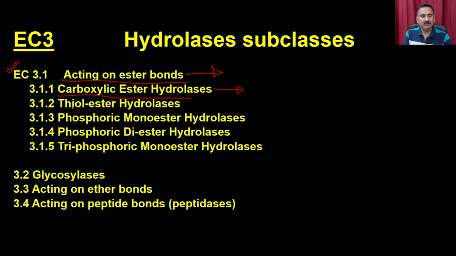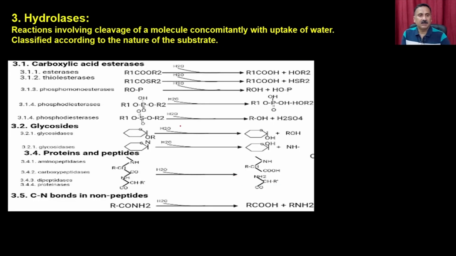Then we have the thiol ester hydrolases, then the phosphoric monoester hydrolases, phosphoric diester hydrolases, and triphosphoric monoester hydrolases. Similarly, the enzymes belonging to 3.2, 3.3 and 3.4 can be further divided into subclasses. For the reaction they catalyze, for example, 3.1 is the esterases, so esterases catalyze the degradation of esters, right?